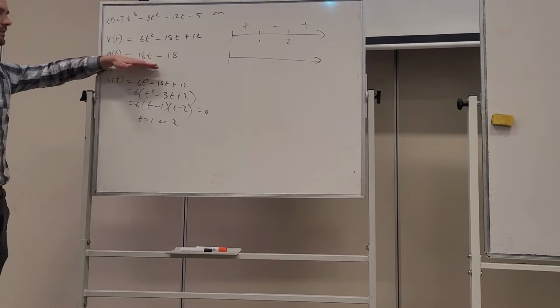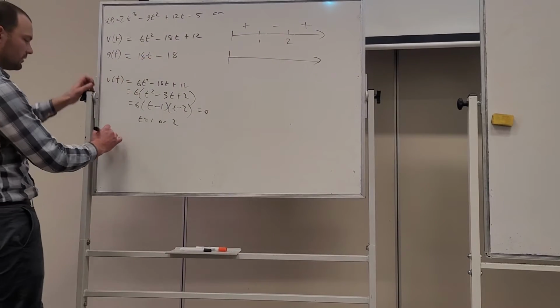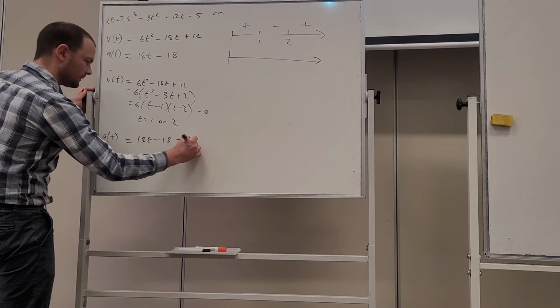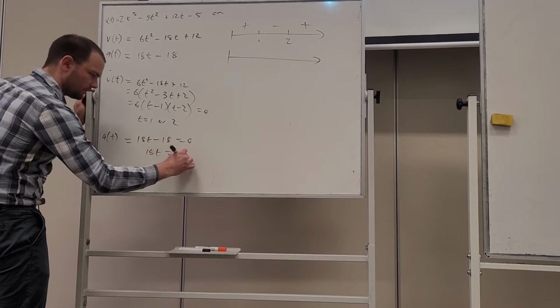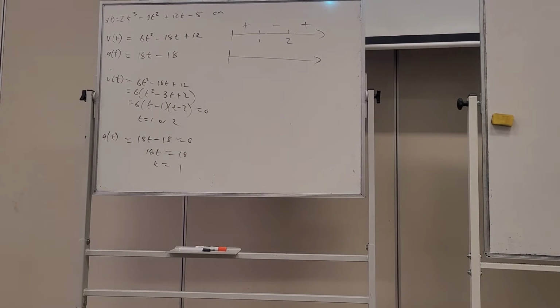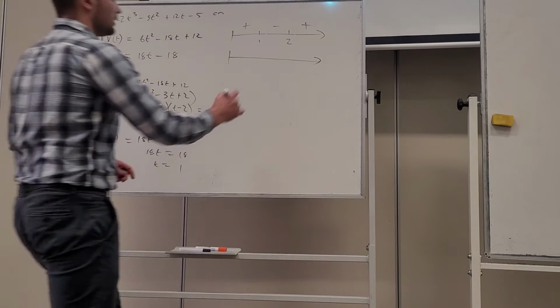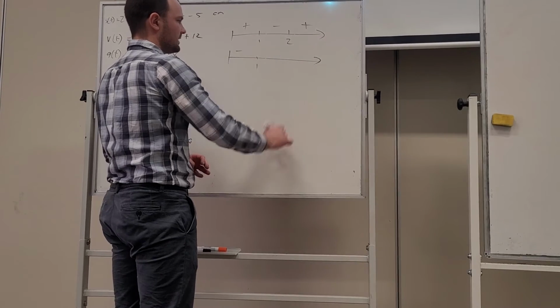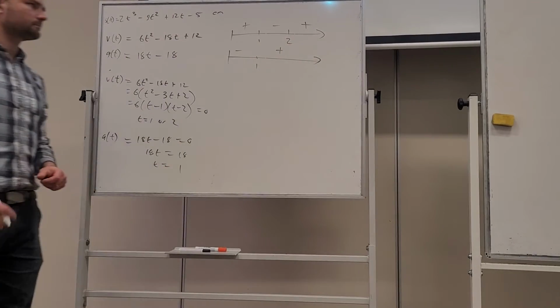Okay, and then we move on to this. If I want to find when that equals 0, that's 18t take 18. Maybe you can see the solution. We've also got t is 1. And I could see that again from here as well if I were to graph that function, 18x take 18, it crosses at 1, and it goes from below the x-axis to above.